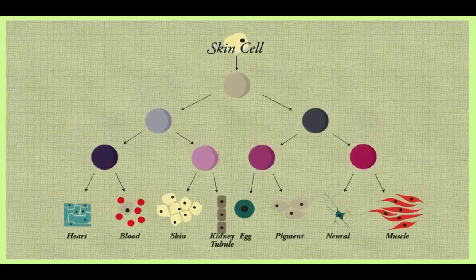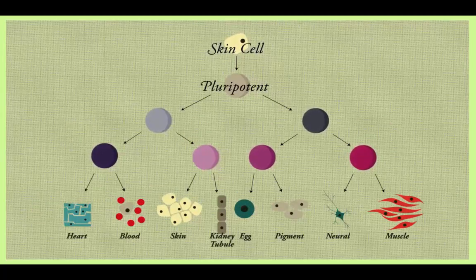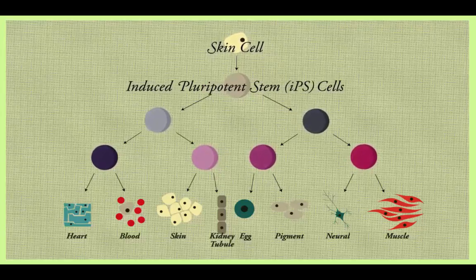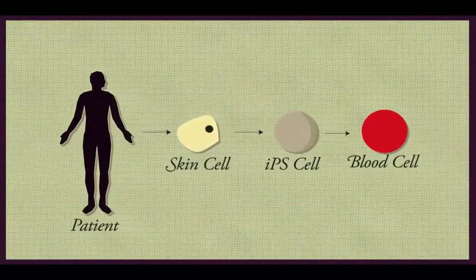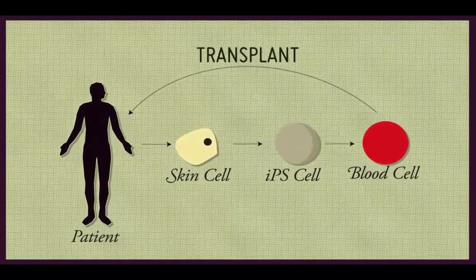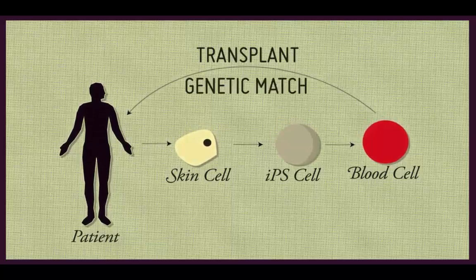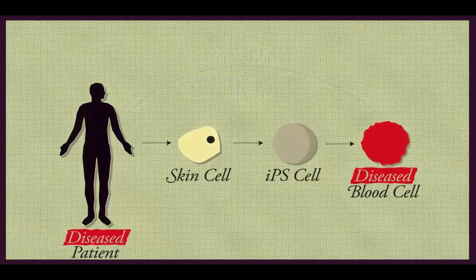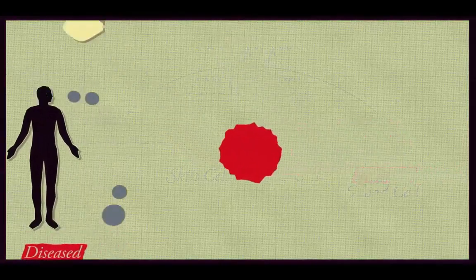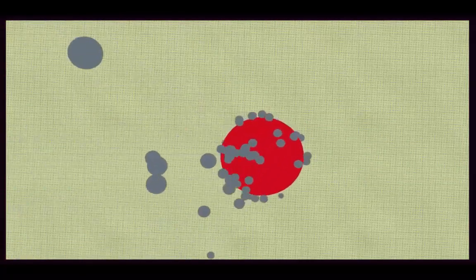This newfound ability is known as pluripotency, and therefore these cells are known as induced pluripotent stem cells, or iPS. The creation of iPS cells from individual patients may one day allow us to develop replacement tissues that are a perfect genetic match to the patient. In addition, the creation of iPS cells from patients with specific diseases will allow scientists to develop new drugs to treat a wide variety of disorders.